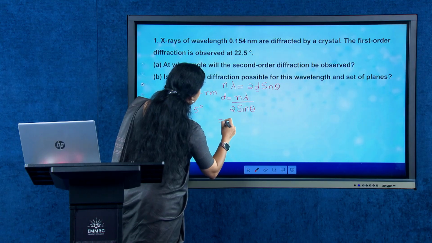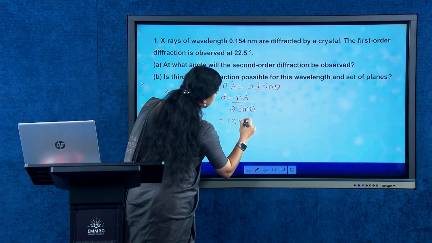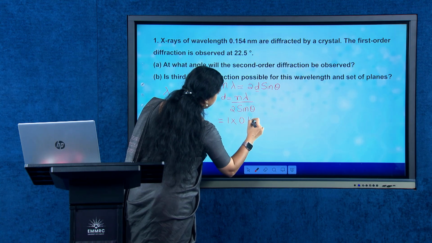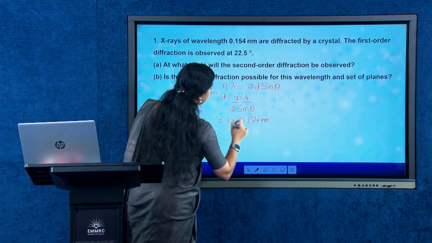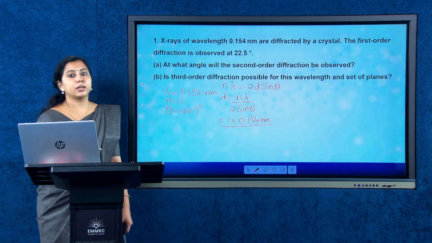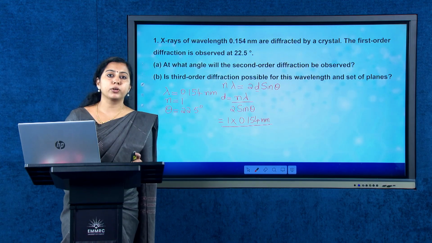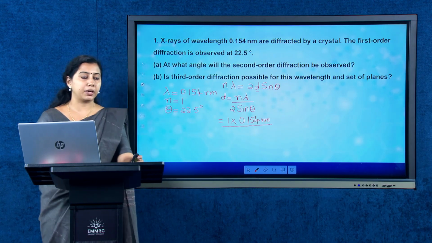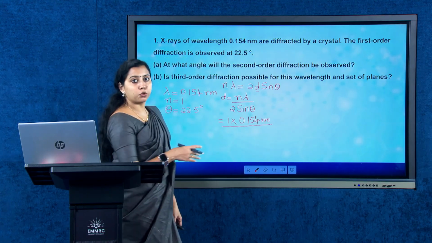That is equal to 1 into the value of lambda, 0.154 nanometers. You can also represent it in meters if you want. Then 0.154 nanometer will be 0.154 into 10 to the power of minus 9 meters. For the time being let us represent it in nanometers only.